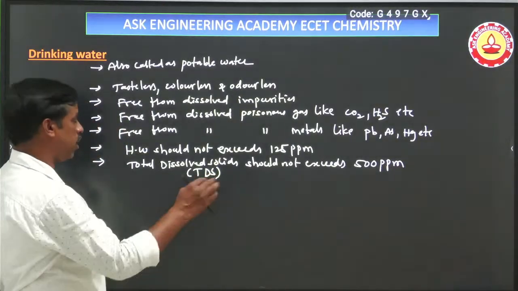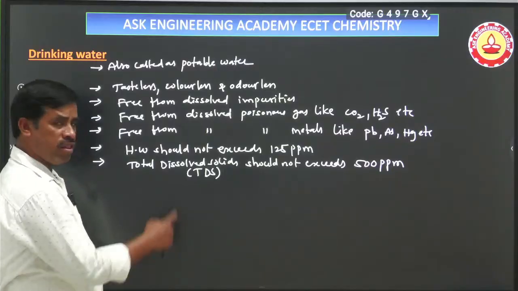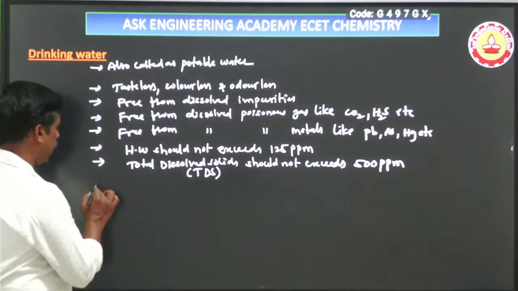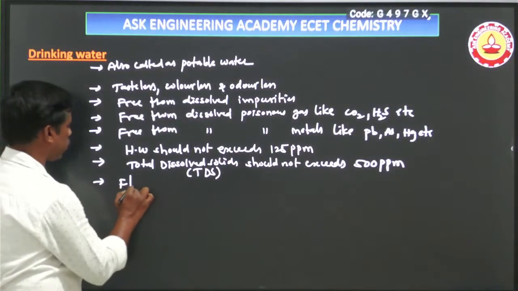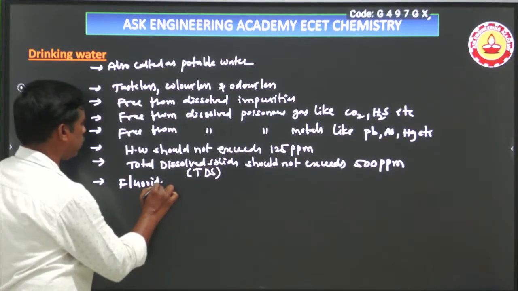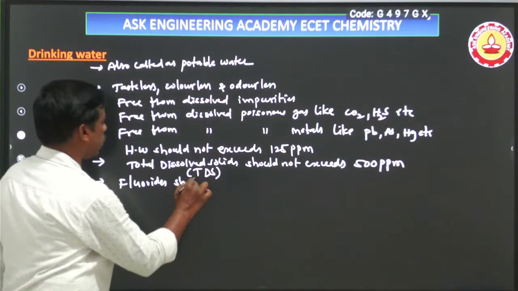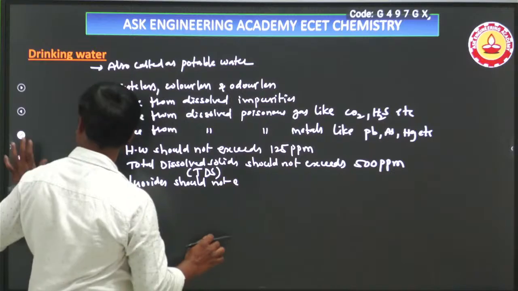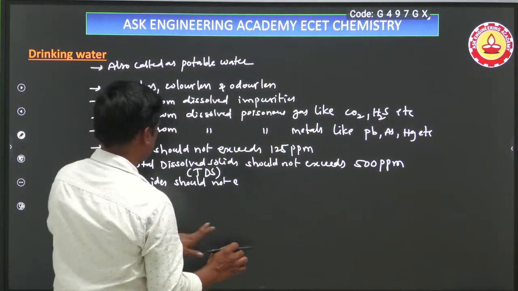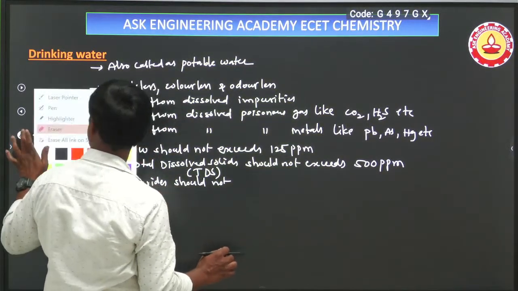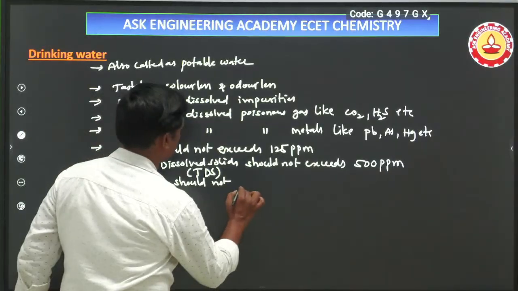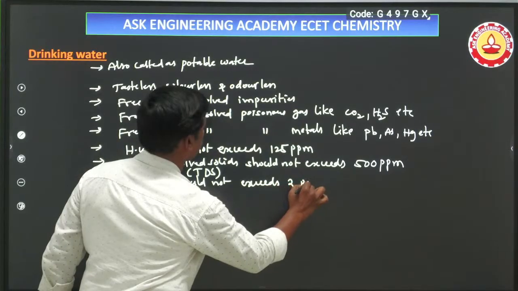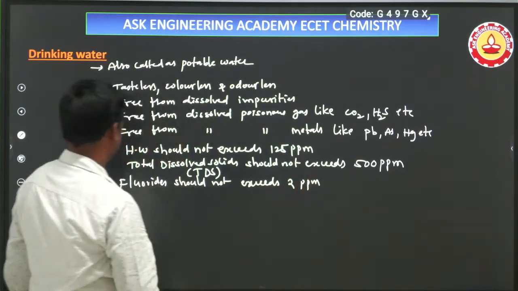All these are essential qualities of drinking water. And also fluorides should not exceed 2 ppm only.